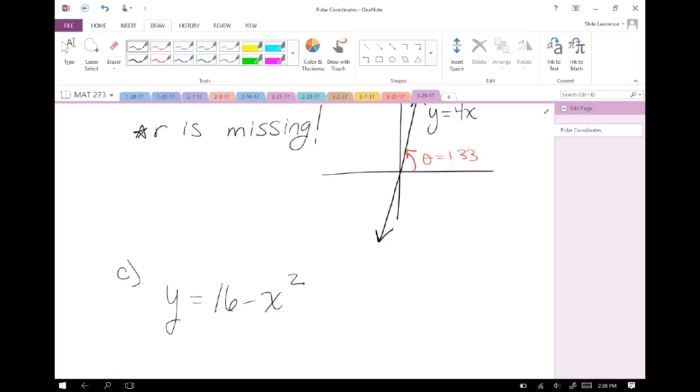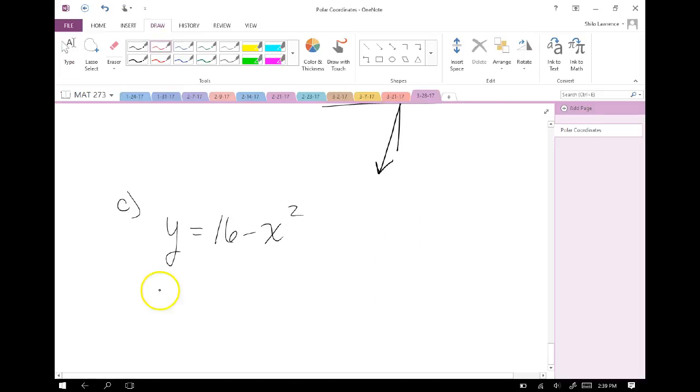We don't have the x squared plus y squared chunk, so we have to replace them individually. Okay? R squared cosine squared.